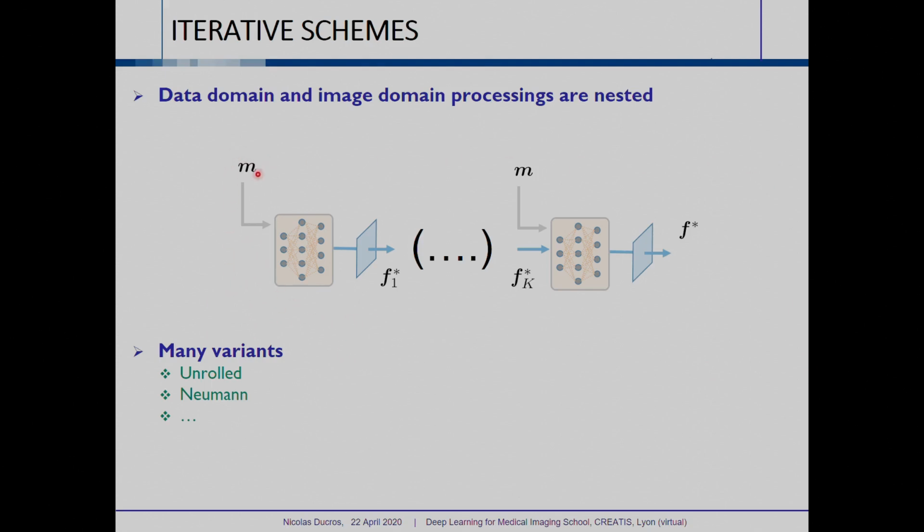So here we have the measurement vector. It is processed by some neural network layers, fully connected, convolutional, whatever. This outputs an image, and this image, as well as the measurement vector, serve as the input of another set of layers, which outputs an image, and so on and so forth.